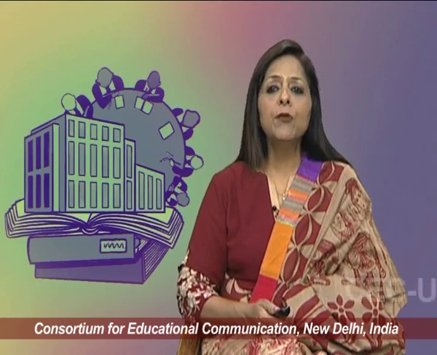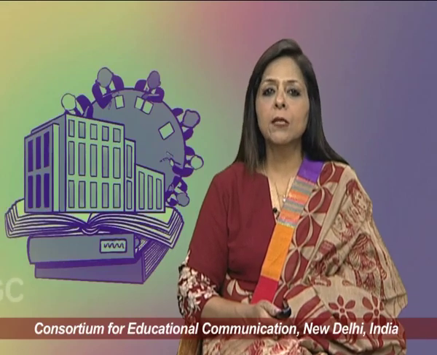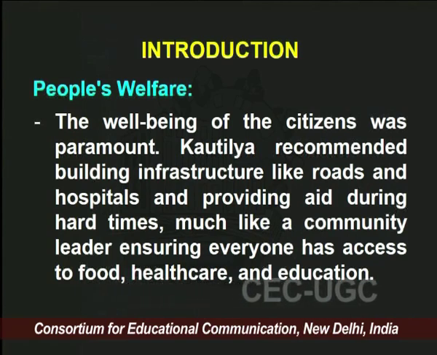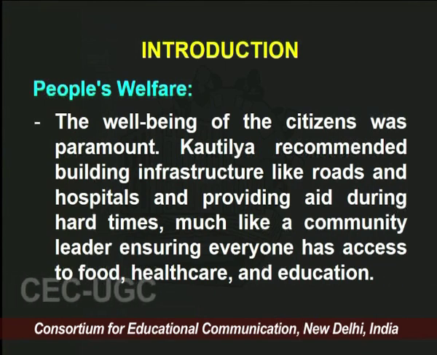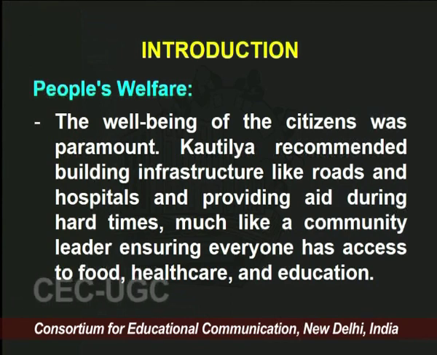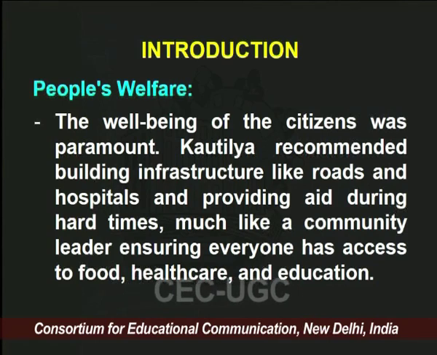Now, another aspect of Kautilya Arthashastra governance model is the people's welfare. The well-being of the citizens was paramount. Kautilya recommended building infrastructure like roads, hospitals, and providing aid during hard times, much like a community leader ensuring everyone has access to food, health care, and education.